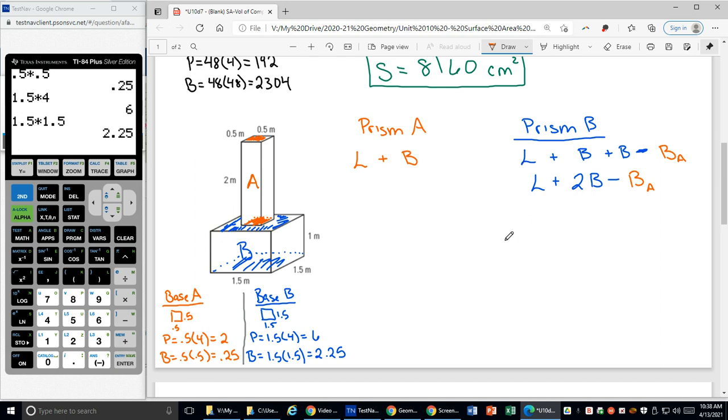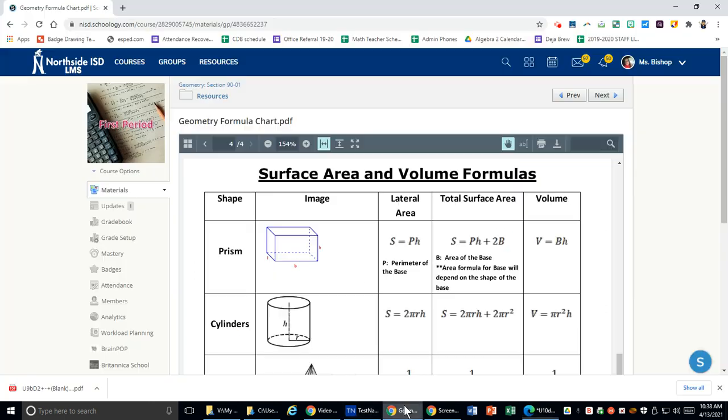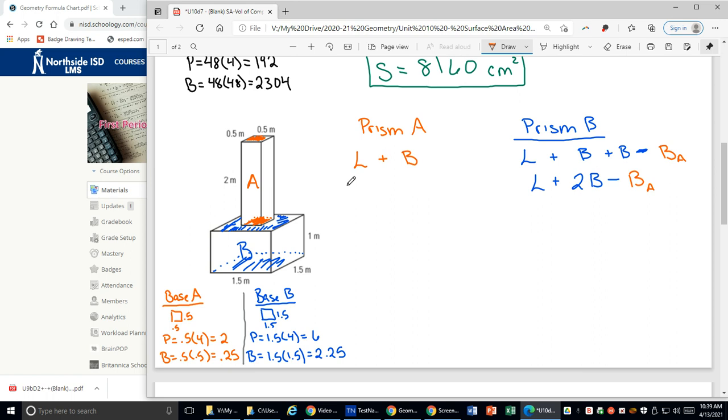Okay, so now my lateral area for a prism, again, if we've forgotten, we can come back here and look at the lateral area column for prism, and it's the perimeter of the base times the height. So the perimeter of the base times the height plus the base of prism A. The perimeter of prism A was 2.